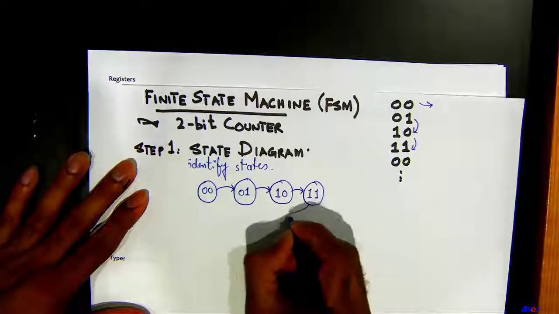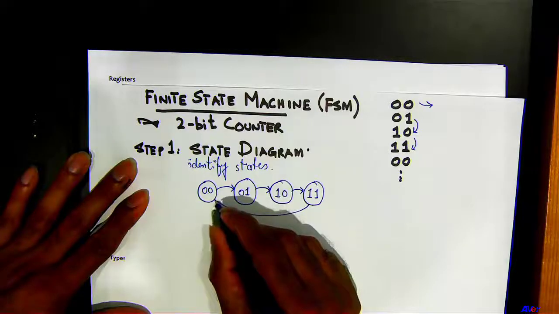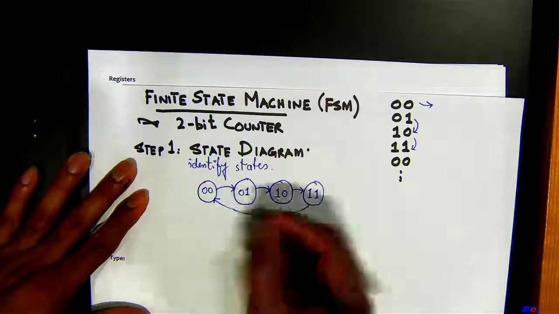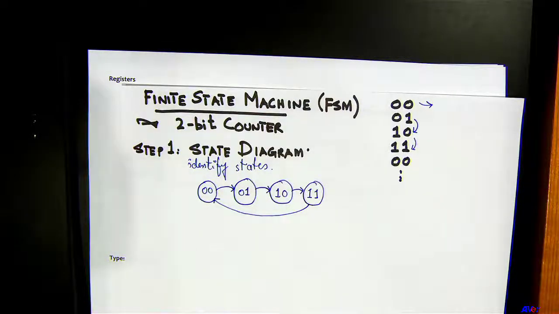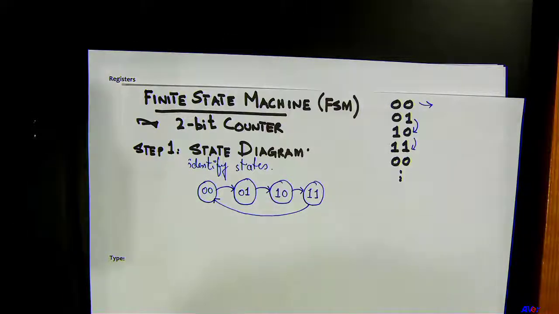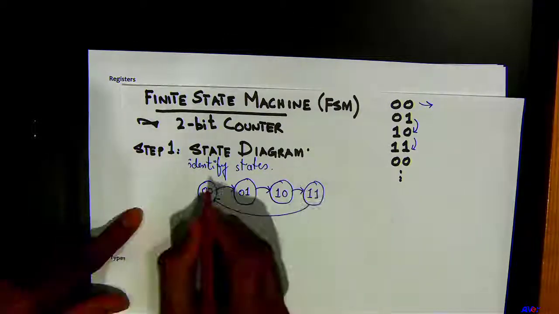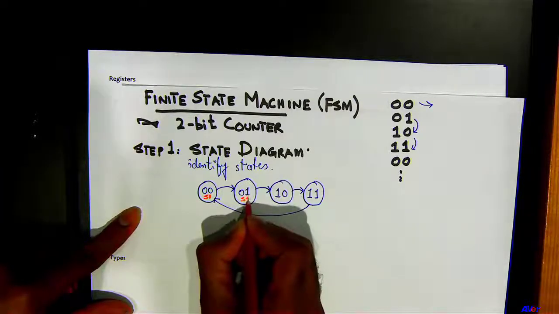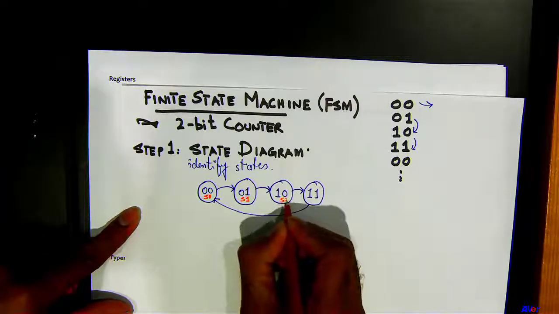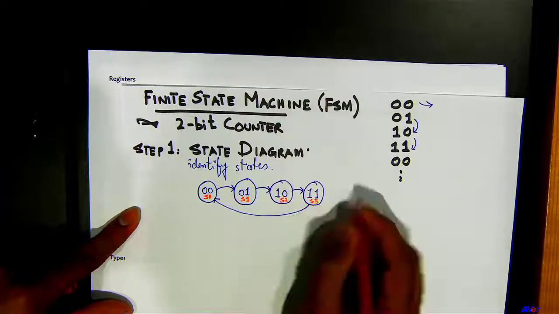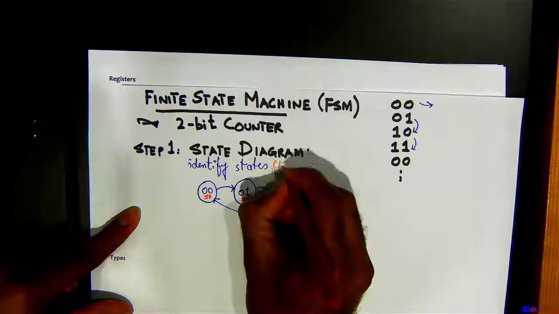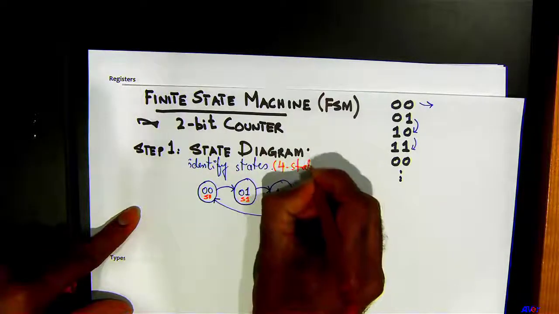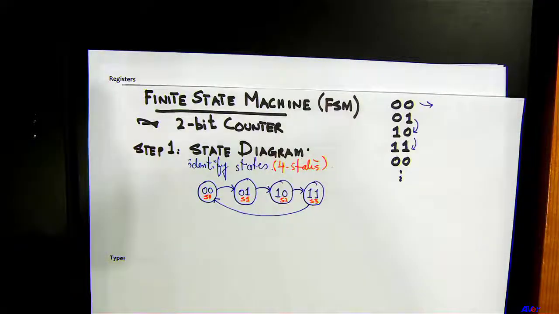It goes back to 0, right? Okay, so this is your state diagram right here. Say this is your S0 state, your S1 state, your S2 state, your S3 state. Okay, so 4 states here.